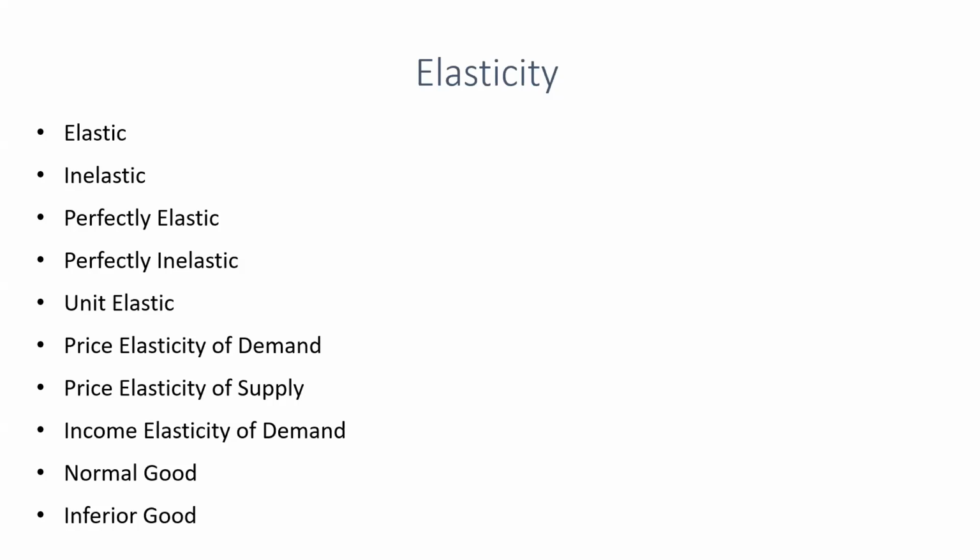In a unit elastic market, the percentage change in price is the same as the percentage change in quantity. And that's why I was saying before how they are proportionate to each other. They are the same as each other, but it's not, because price and quantity are two different things. We have to look at the percentage change in those two and compare if one is more than the other, if one is less than the other, or both are the same.